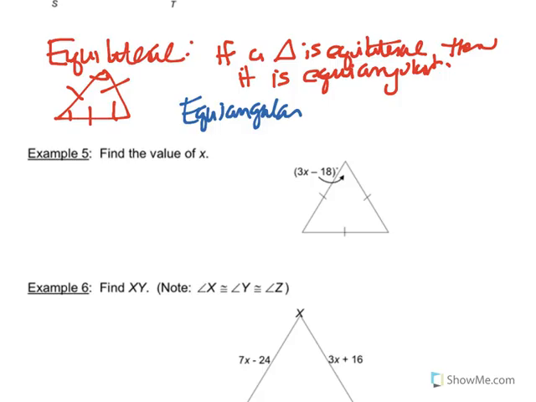Just like equilateral means all three sides are congruent, equiangular means all angles are congruent.